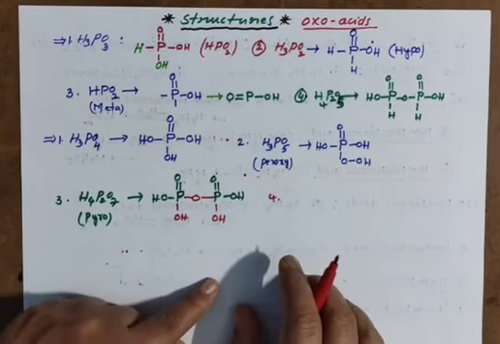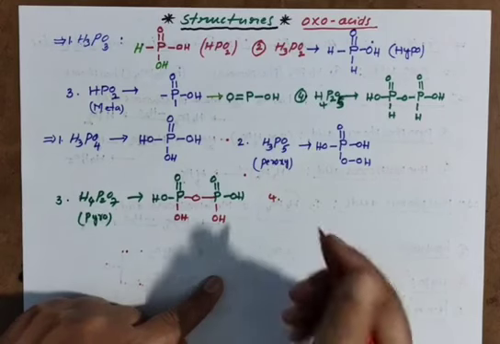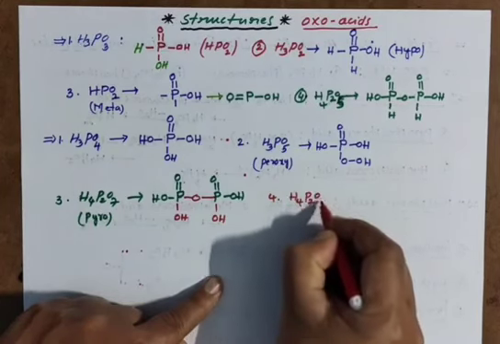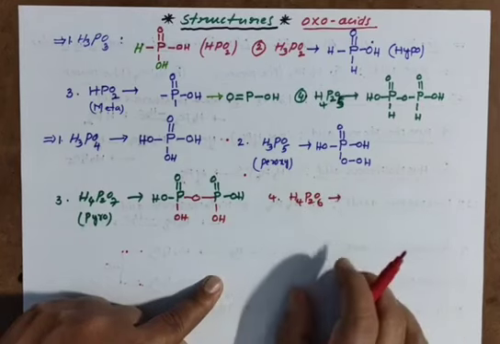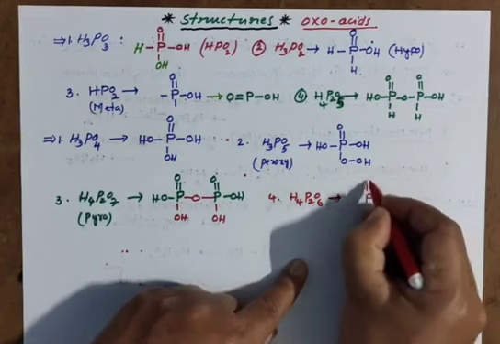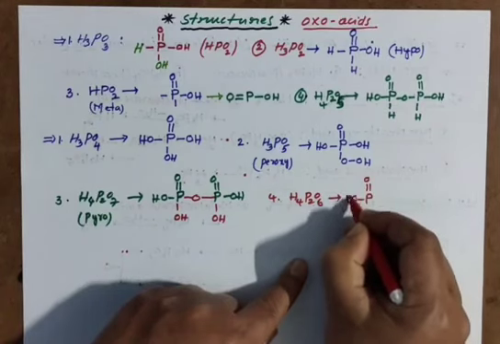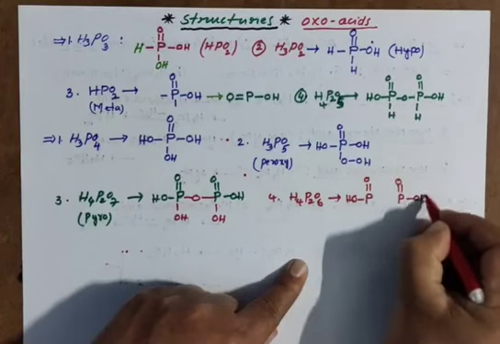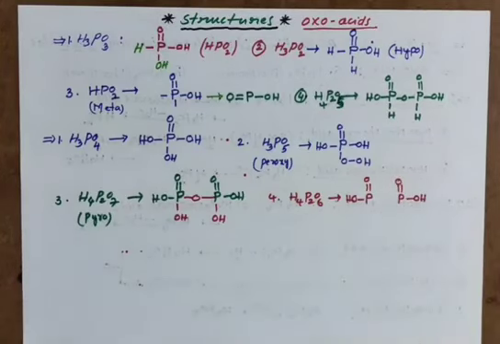Now another I am taking, hypophosphoric acid, H4P2O6. What basic unit do we have to take? P double bond O, OH, and P double bond O, OH. These are the basic units.